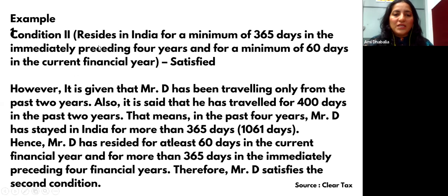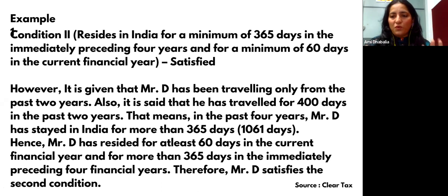Condition 2: he resides in India for a minimum of 365 days in the immediately preceding 4 years and for a minimum of 60 days in the current financial year. Now, this condition is satisfied. How? It is given that Mr. D has been traveling only for the past 2 years, and that he has traveled for 400 days in those 2 years.